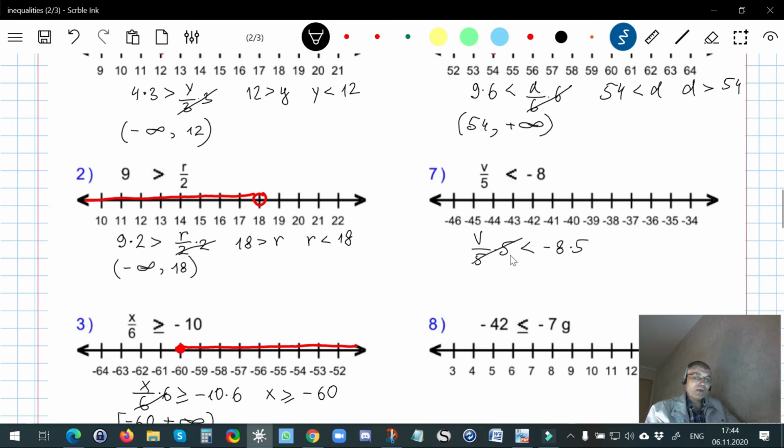And this 5 cancels, which gives me V is less than 8 times 5 is 40, negative 40. That's my set builder notation. Interval notation gives me from negative infinity to negative 40 open. And the last thing to do is to graph it. As this end is open, I draw a circle.